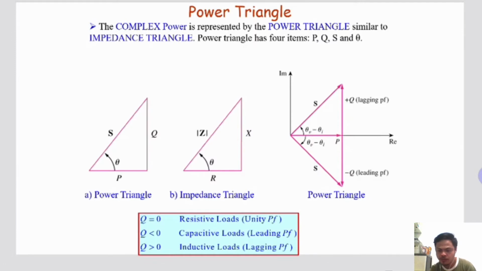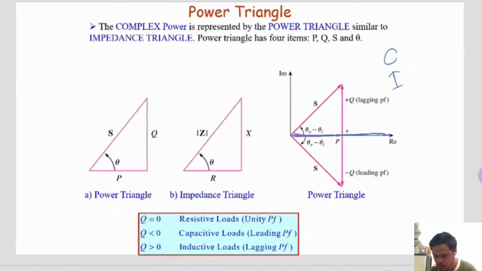The power triangle is very important, especially when we determine the required reactive power, or the required capacitance or inductance in the system, in order to bring the power factor back up to unity power factor. So unity power factor is on the real part of the graph.